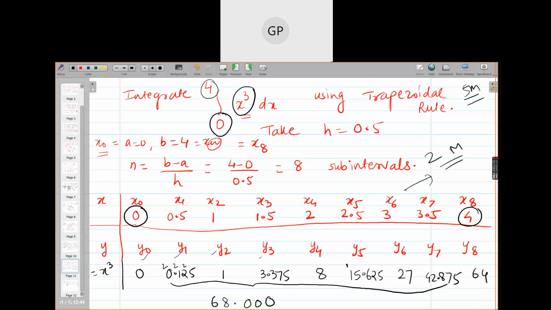Is it 68? You have to leave the first and the last. Do not consider 0, do not consider 64. Is it 68? The answer is 68. I think I made some mistake. I did not add 27. 98. The answer is 98.